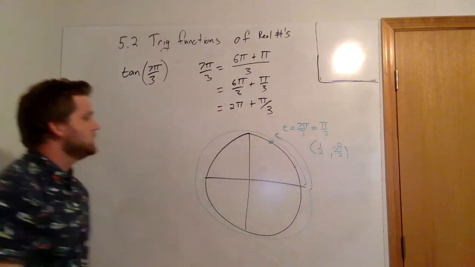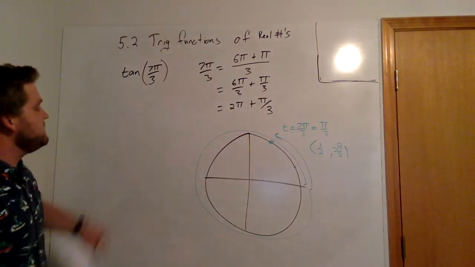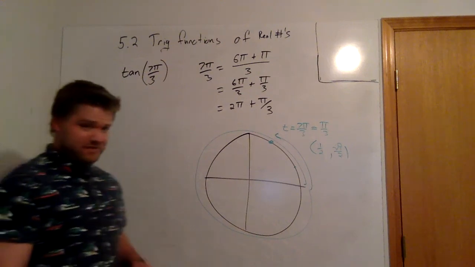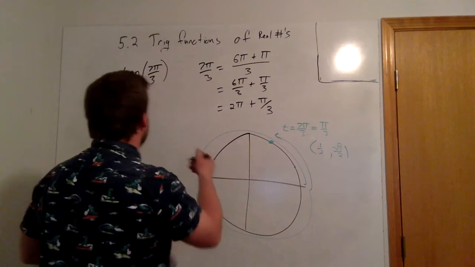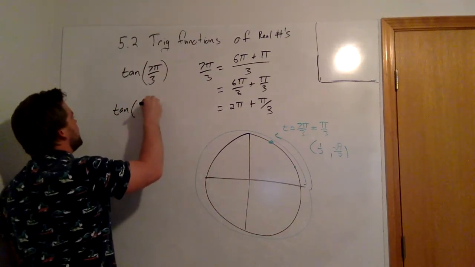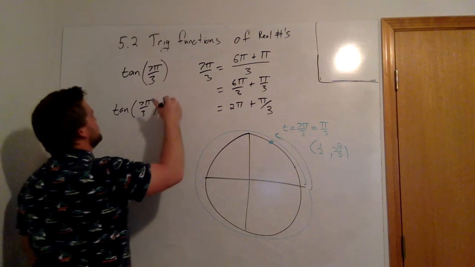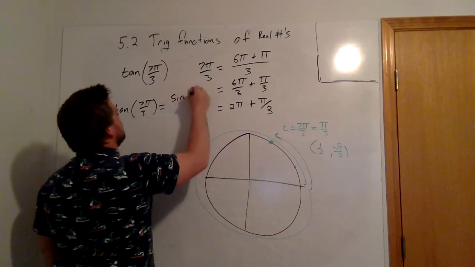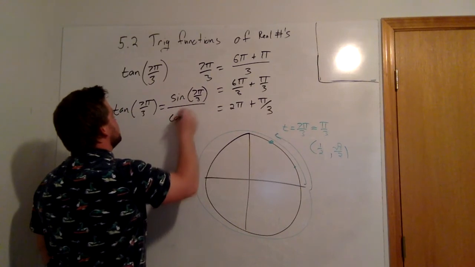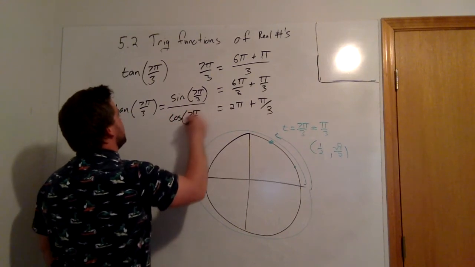Okay. So we're looking for tangent. Now tangent of theta, remember, is the same thing as sine divided by cosine. So tan of 7 pi over 3 is equal to the sine of 7 pi over 3 all over the cosine of 7 pi over 3.